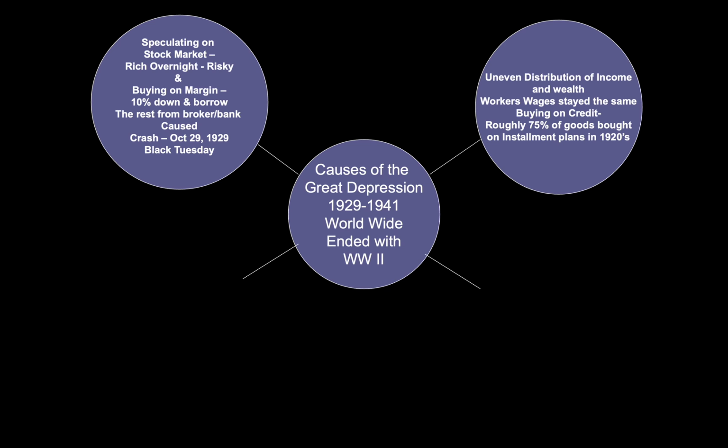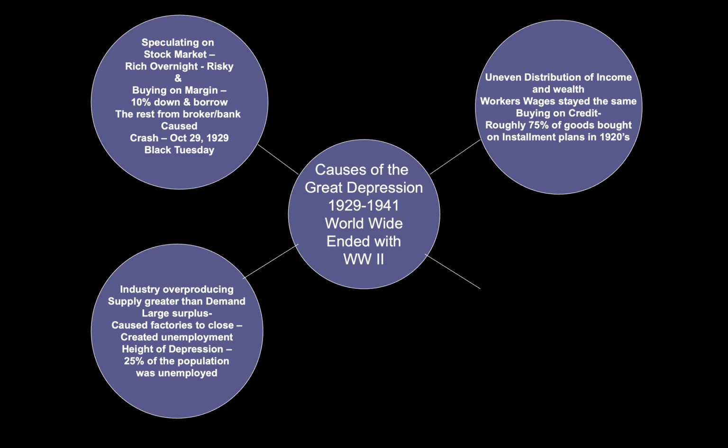Roughly 75% of goods that were purchased during the 1920s were purchased on installment plans, where low-wage workers were buying goods on credit and making monthly payments to pay off the balance that was owed on the goods. When American workers would eventually lose their jobs and businesses began to shut down, this led to workers being unable to pay back the loans they had taken out for buying products on credit.